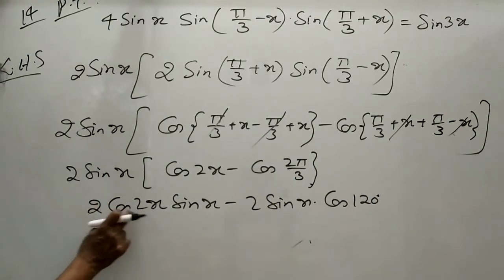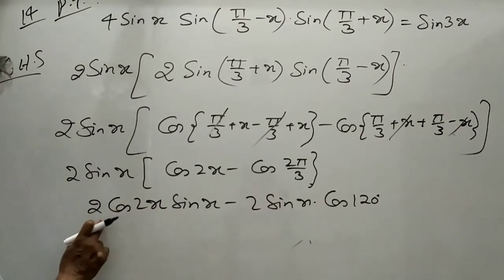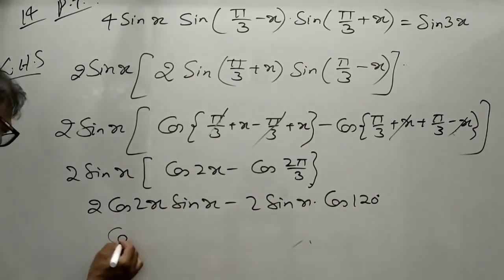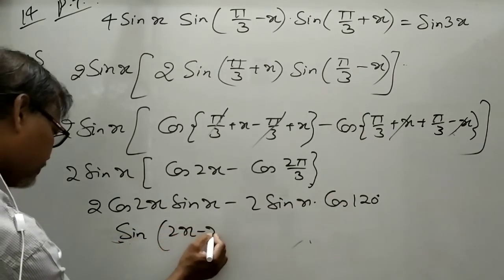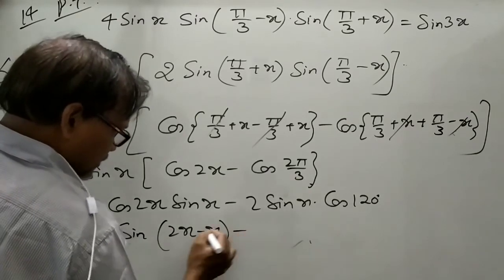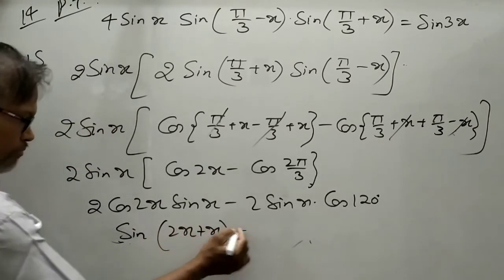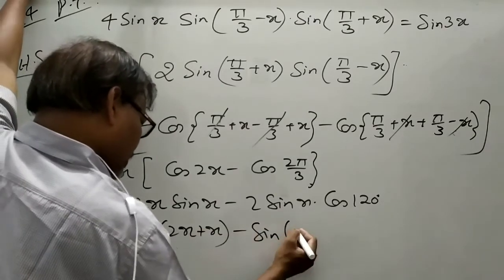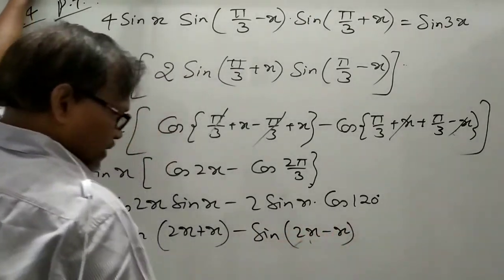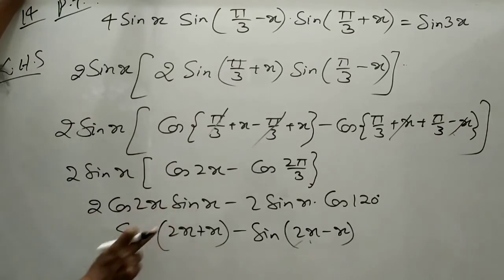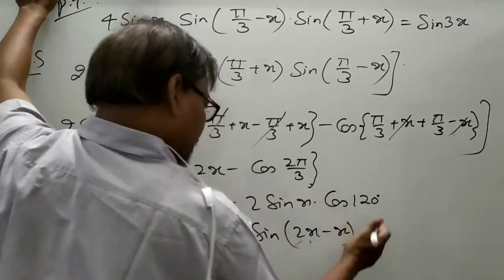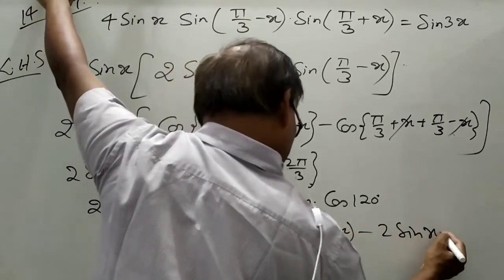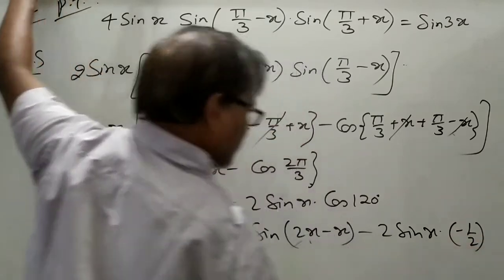Now apply again 2 cos a sin b. So 2 cos a sin b is equal to sin(a plus b) minus sin(a minus b), and this part, minus 2 sin x into cos 120, means minus 1 by 2.